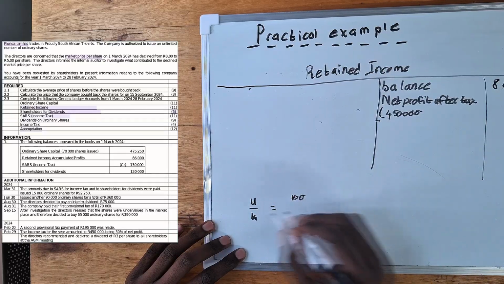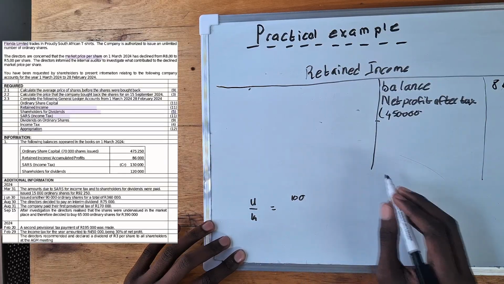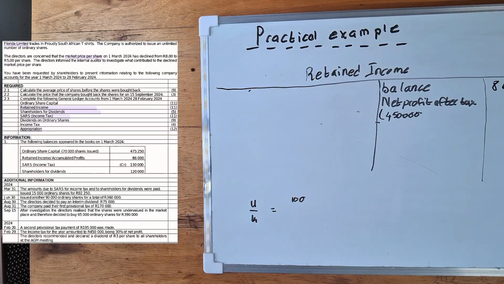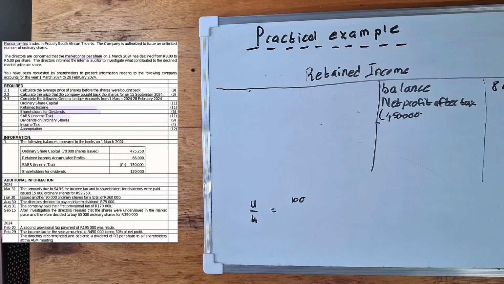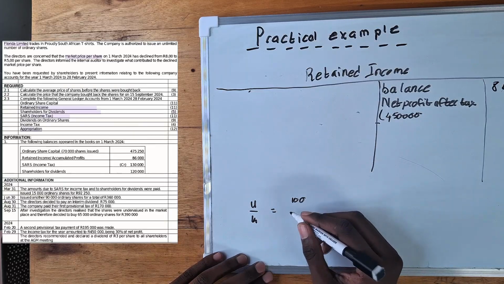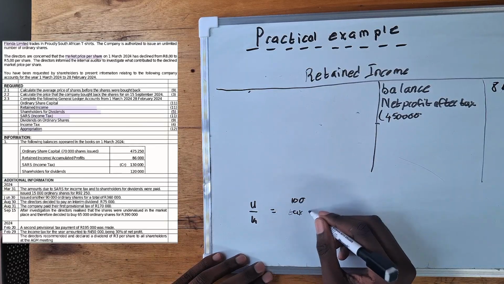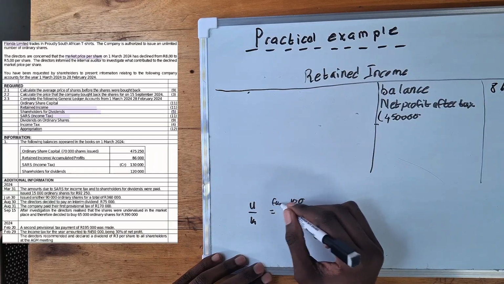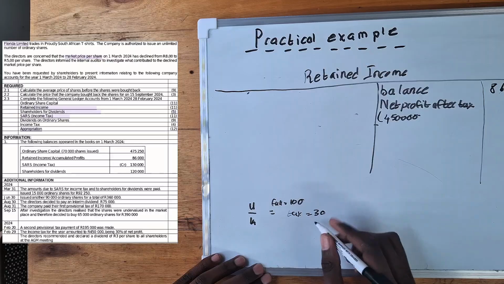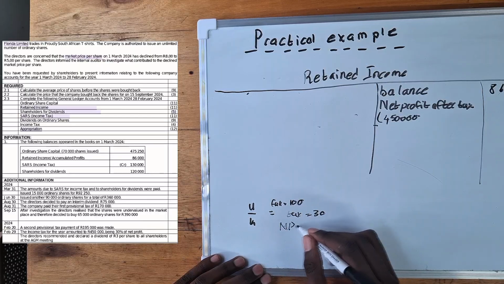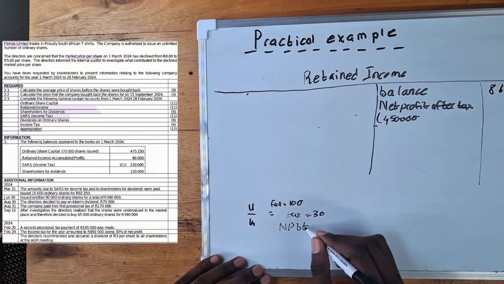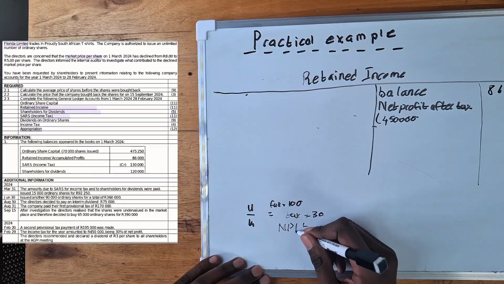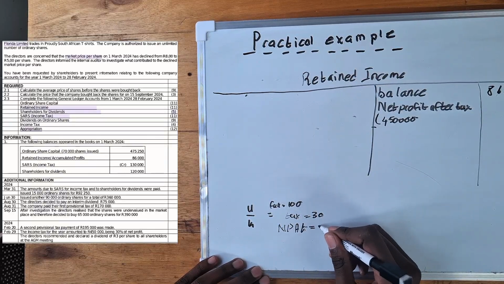Then since the tax rate was 30%, we know that the tax is 30, which means that the net profit after tax, apologies for that, should be 70, right?